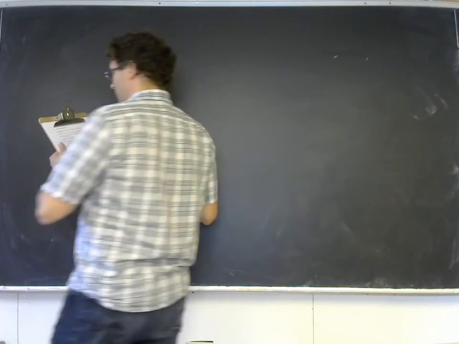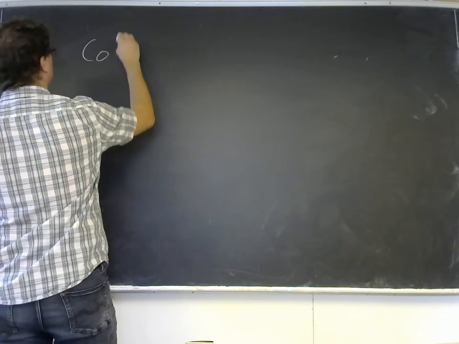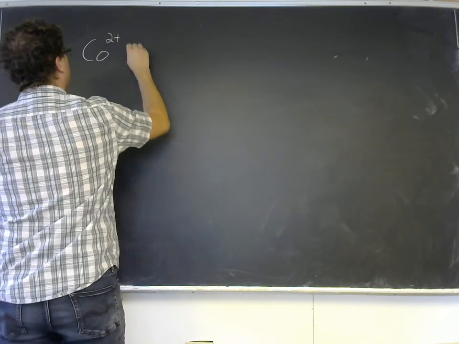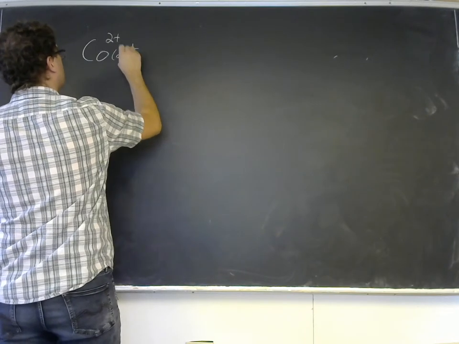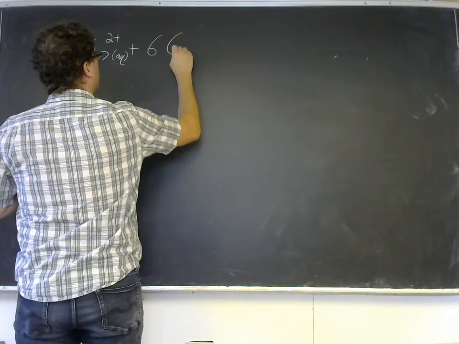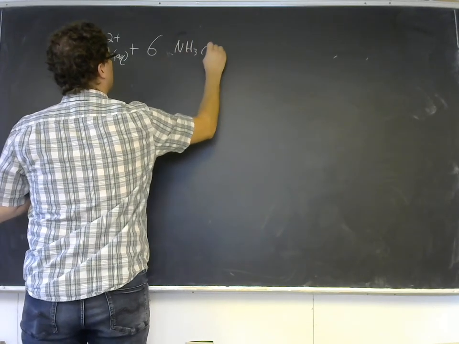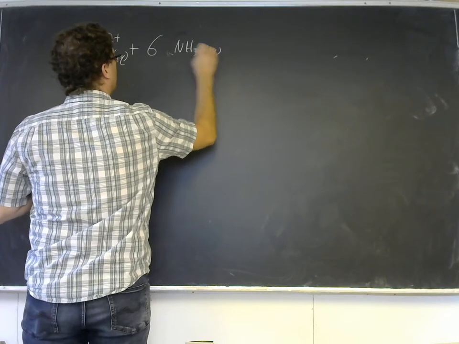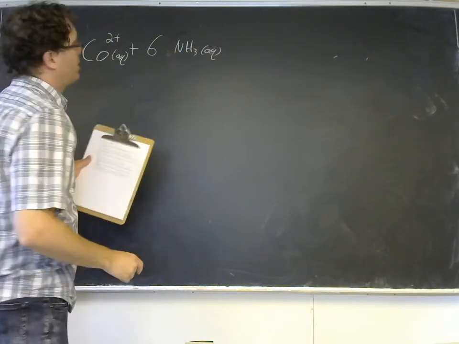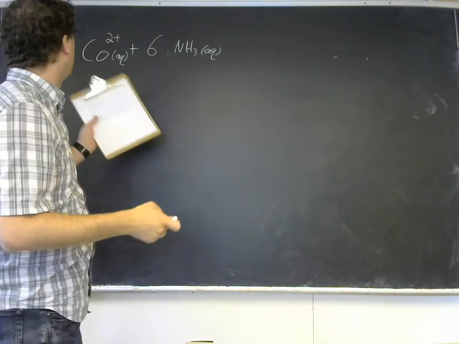So let's consider the reaction of cobalt 2+, aqueous, plus ammonia, and there will be 6 ammonia. There will be 6 ammonia molecules that will form coordinate covalent bonds with that cobalt.